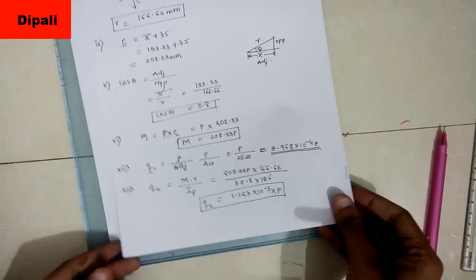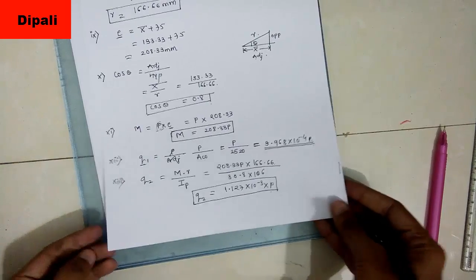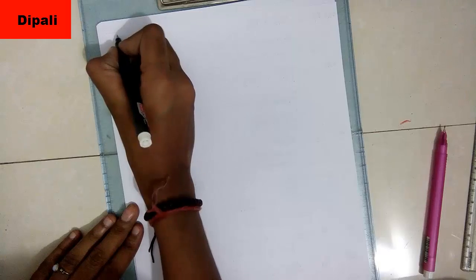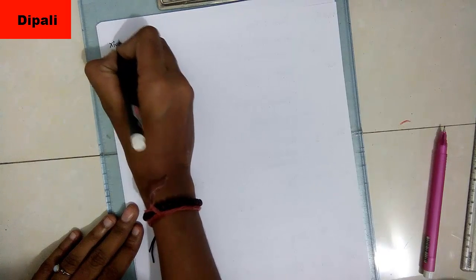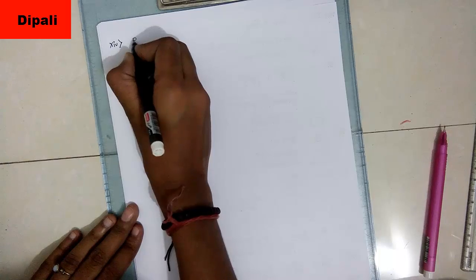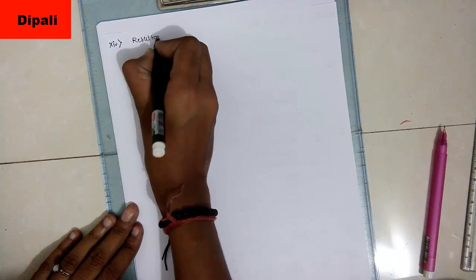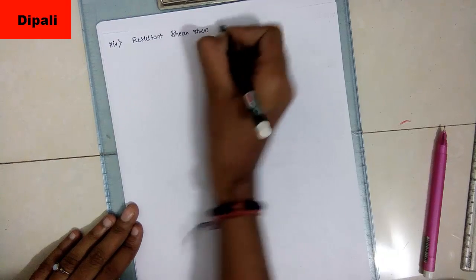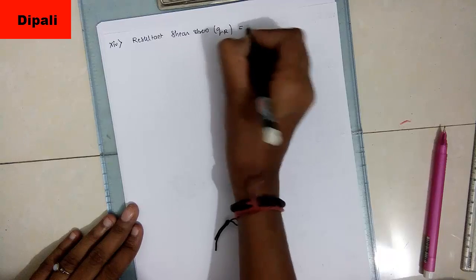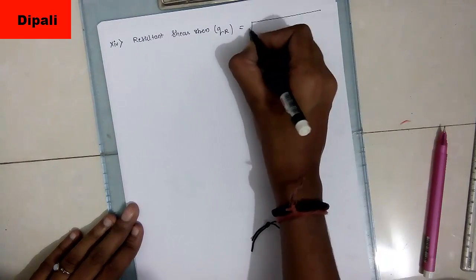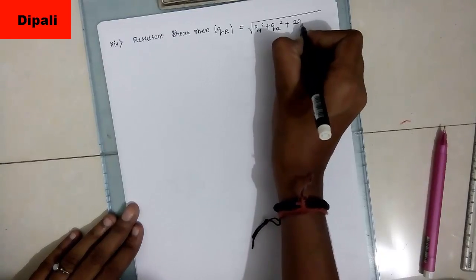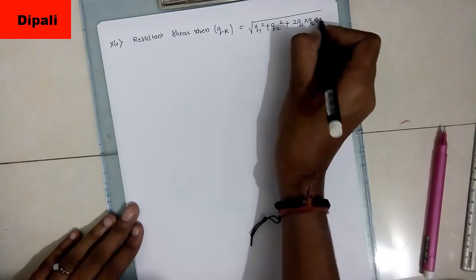After that we have to calculate the resultant shear stress, that is the 14th step. qr equals to, the formula is like that, square root of q1 square plus q2 square plus twice q1 into q2 cos theta.